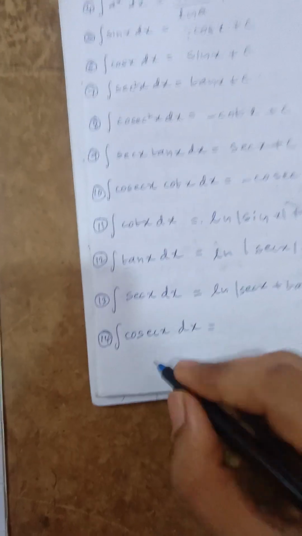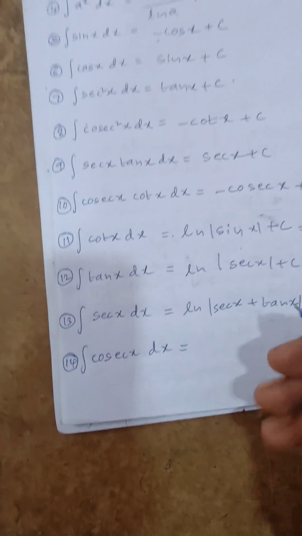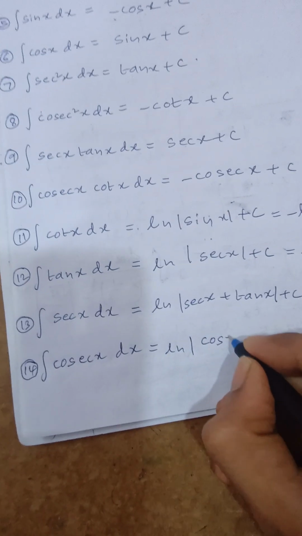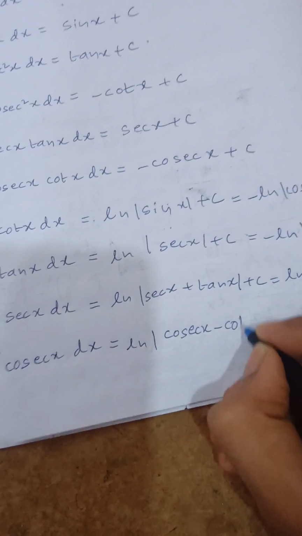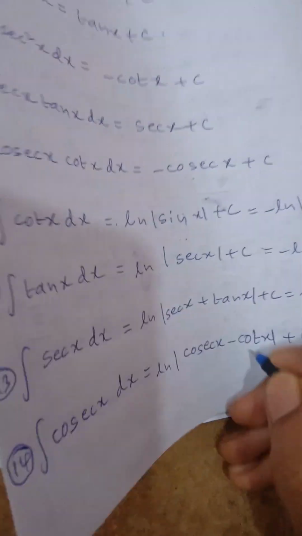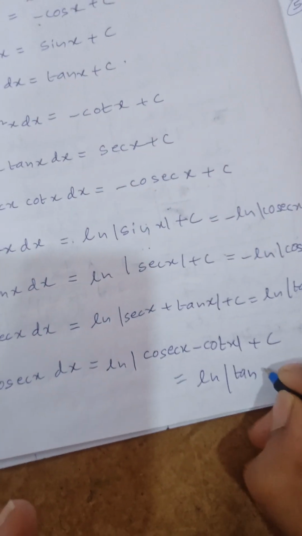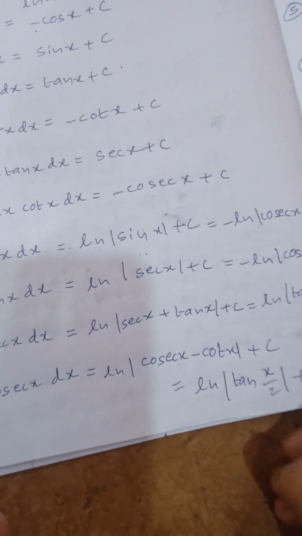Integration of cosecant x dx is ln mod cosecant x minus cot x plus c. Otherwise we can write this as ln mod tan of x by 2 plus c.